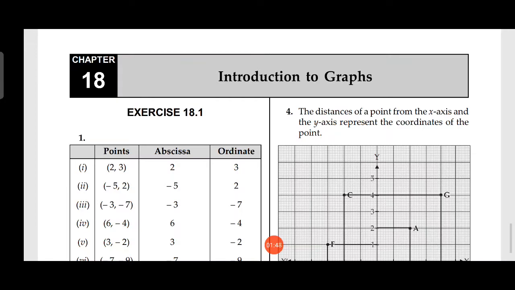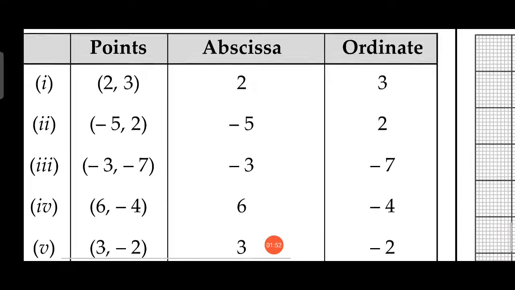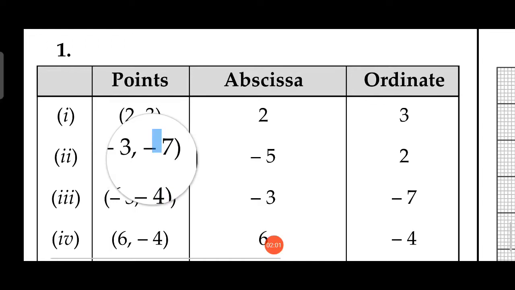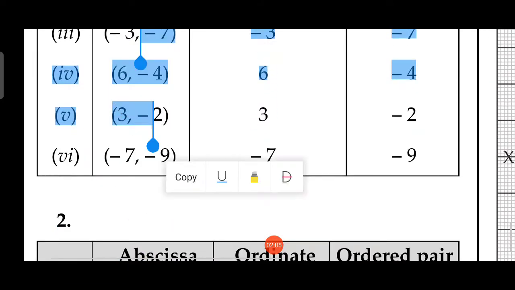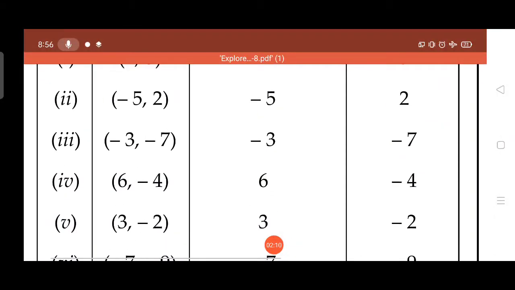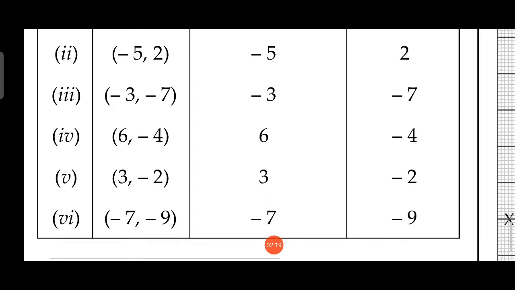So, here what we have to do, my dear students, if you see question number 1, the points are mentioned: 2 and 3, -5 and 2, then 6 and minus, -3, -7, 6 and -4, 3 and -2, and -7, -9.